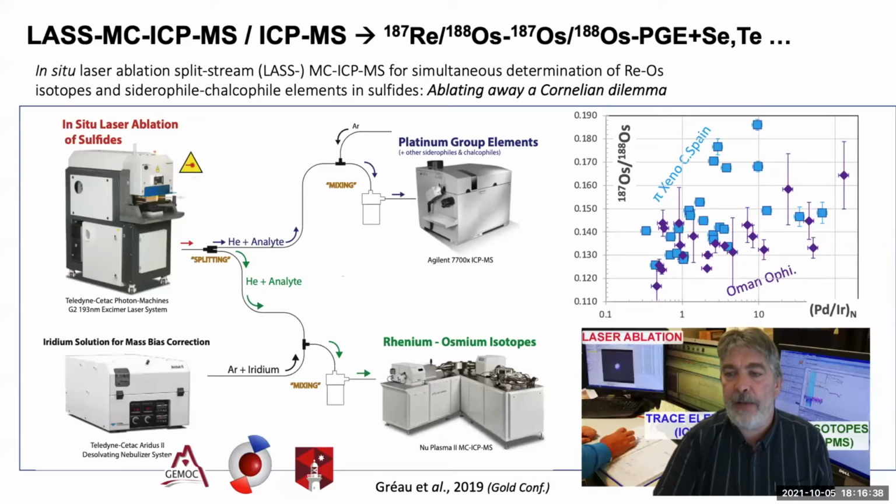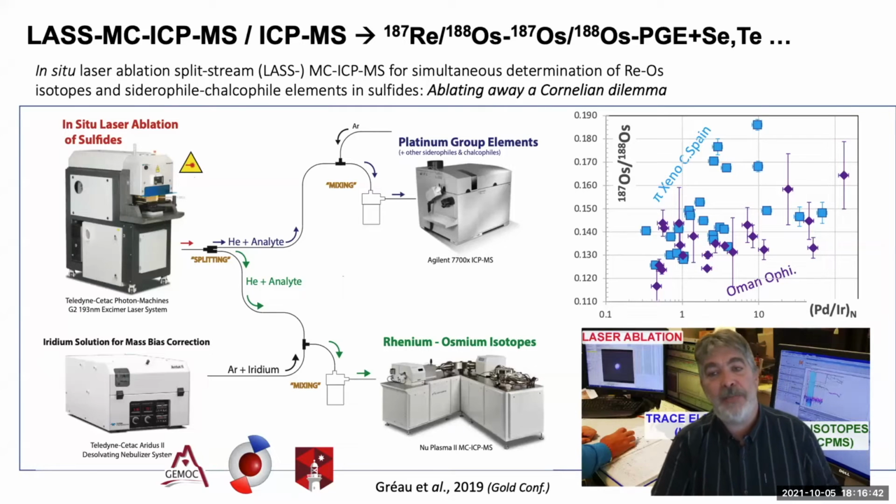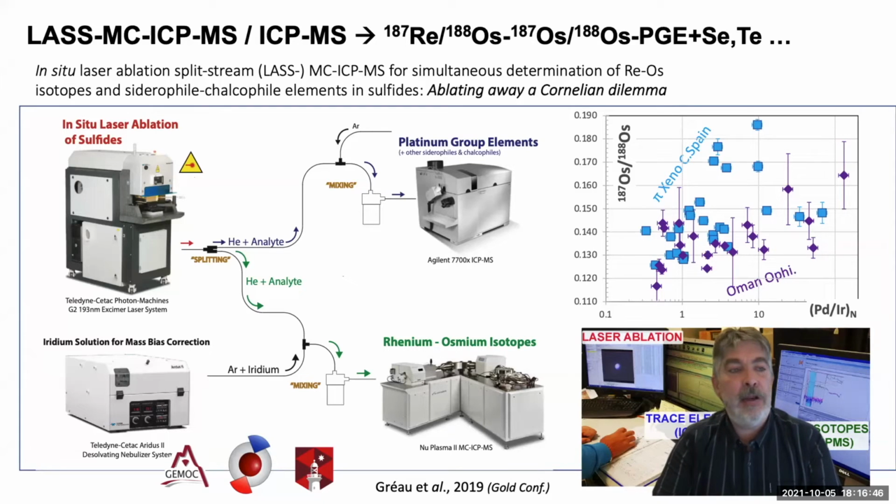Recently, we have overcome this major hurdle by developing a laser ablation split system, allowing us to measure rhenium-osmium isotopes simultaneously on the multi-collector ICP-MS, while the quad ICP-MS is recording the siderophile and chalcophile abundances of the ablated sulfide.